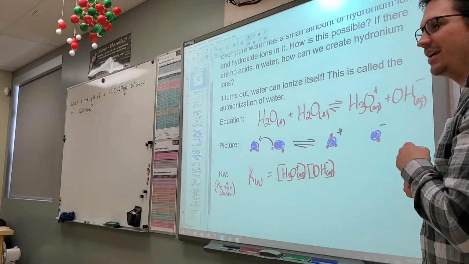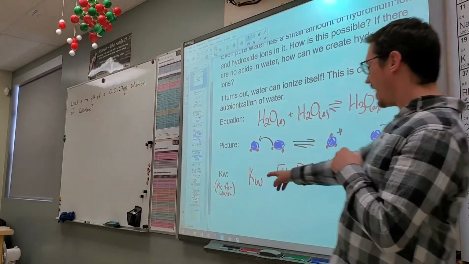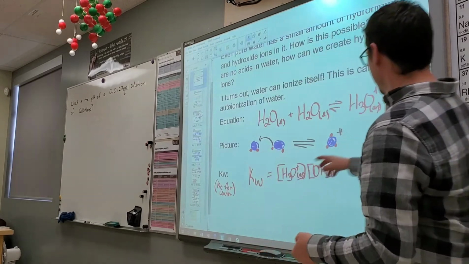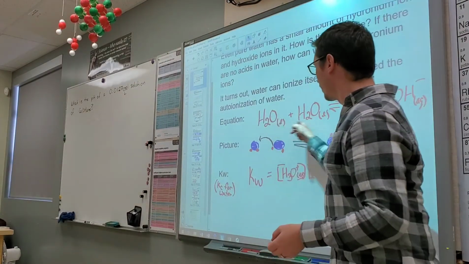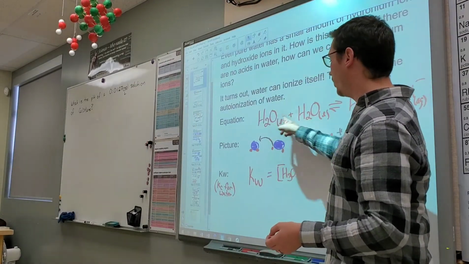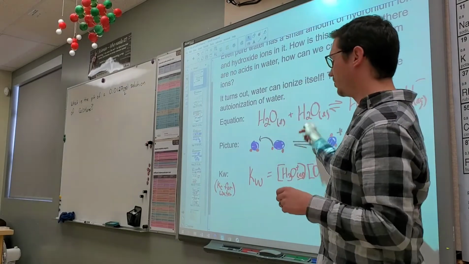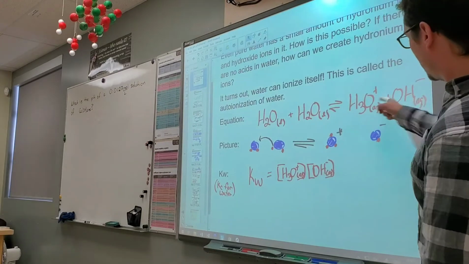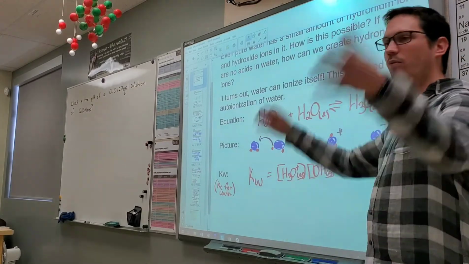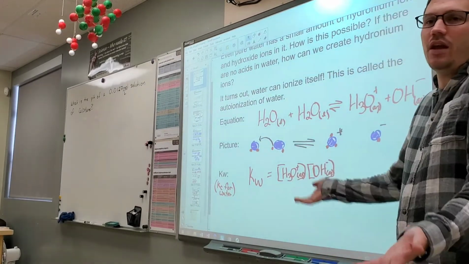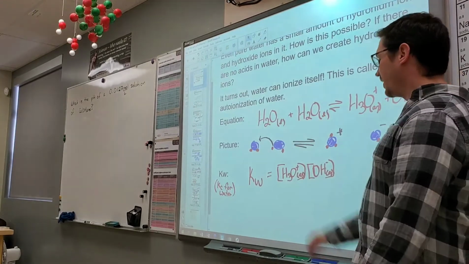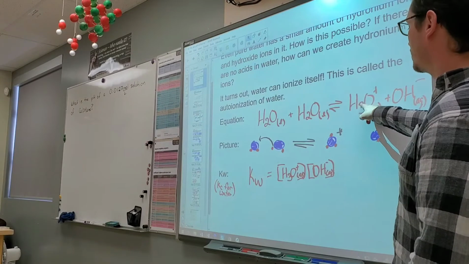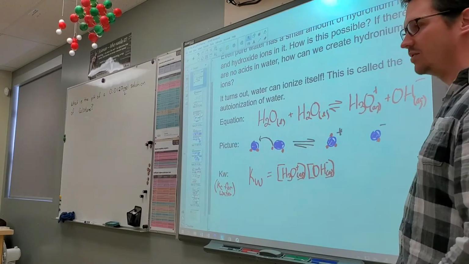Liquids and solids, right? So the Kw, the K water, is products over reactants. But what number are we going to put in place of both of these reactants? The number 1. So this stuff divided by 1. So there's nothing on the bottom. So the K value for this reaction is just the concentration of hydronium times the concentration of hydroxide.